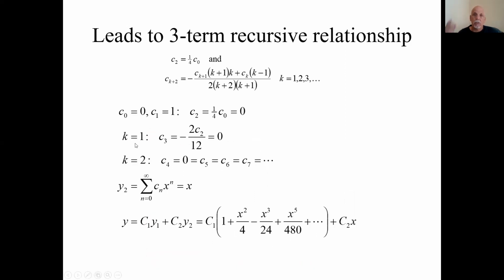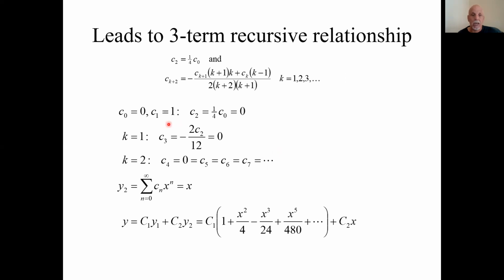For the second particular solution, we set c sub 0 equals 0, c sub 1 equals 1, and c sub 2 equals 0. As you go through all the k's, they're all equal to 0. Is the solution 0? No, because c1 equals 1.